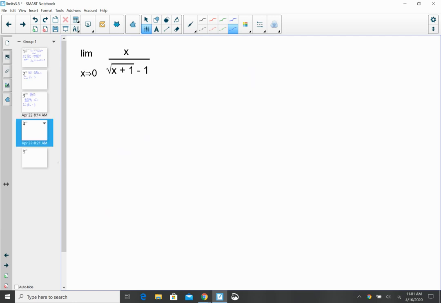All right, similar. I just put the radical in the denominator. Just work it out. I'm going to go ahead and just work this out. And yes, in my mind, I did plug in before I did any of this, and it's 0 over 0, so then I move on.